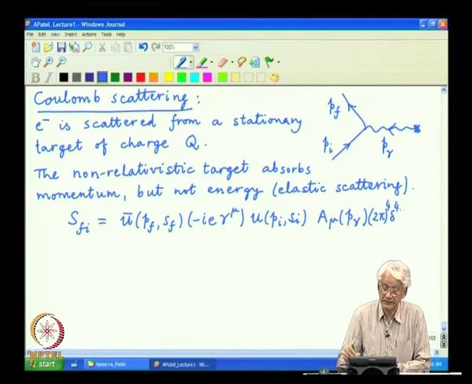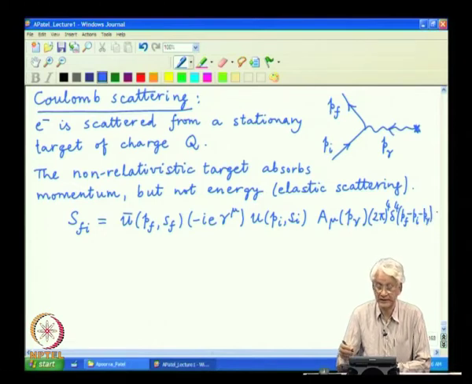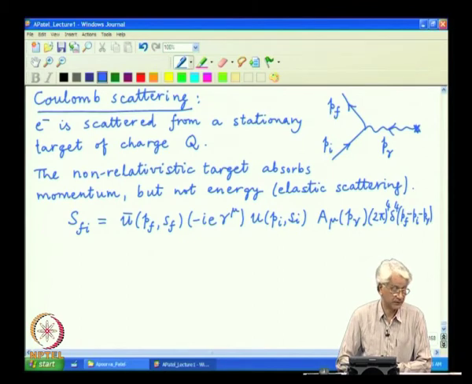So, it is p_f minus p_i minus p_gamma, using the signs of the arrows which I have drawn. So, this is the result. Now, to simplify it, we must use the specific forms of the wave functions and do some algebra to cancel and reduce the matrices to numbers.